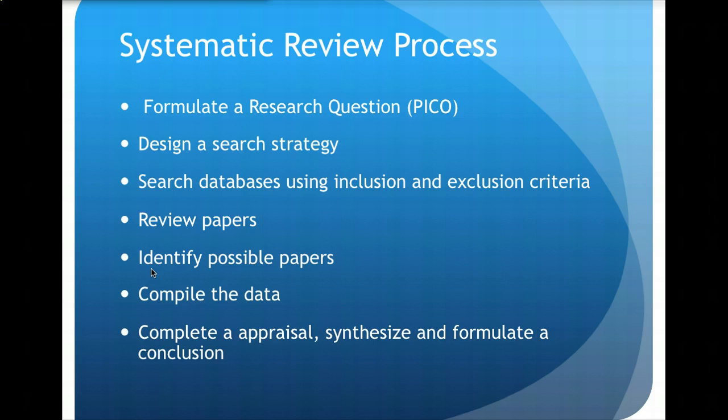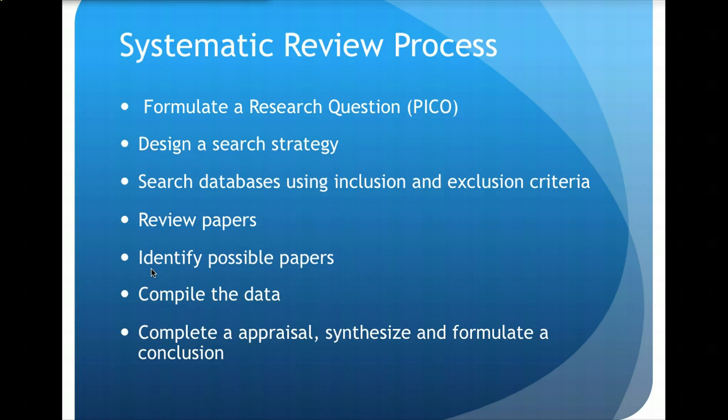So again, the process of reviewing a pooled group of evidence is, first and foremost, you're going to formulate a research question. You're going to design a search strategy, which we again are very familiar with doing at this point.